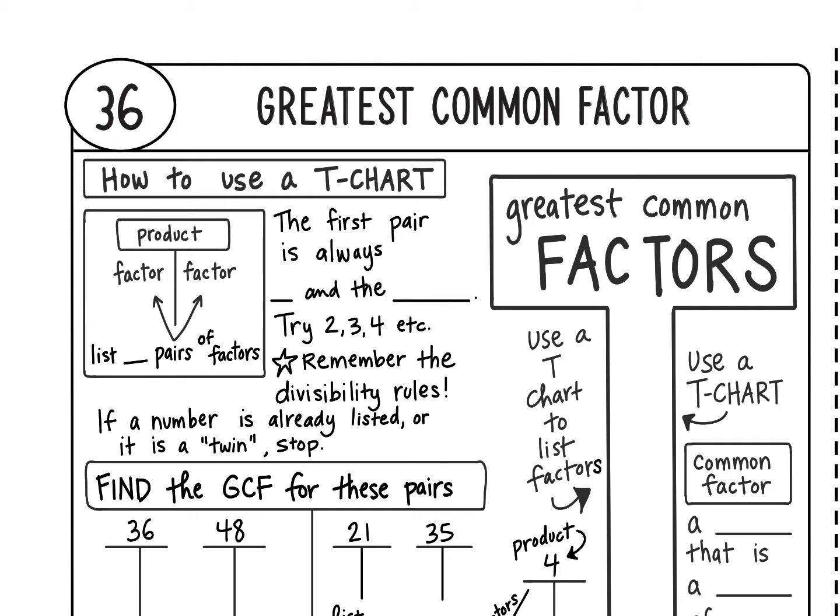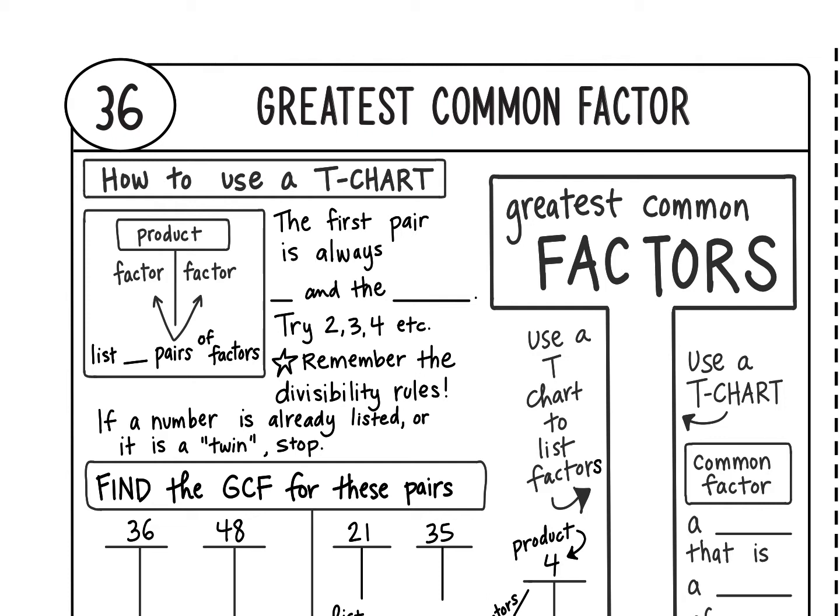We're going to go over ways on here today, and then we'll go over another way. The other way that I do prefer is actually using what we call prime factorization. That's not going to be done today, but I do want you to understand that there is more than one way to do this. For example, here you can use a T-chart. When you use a T-chart, you're trying to find the product of two numbers by listing the factors.